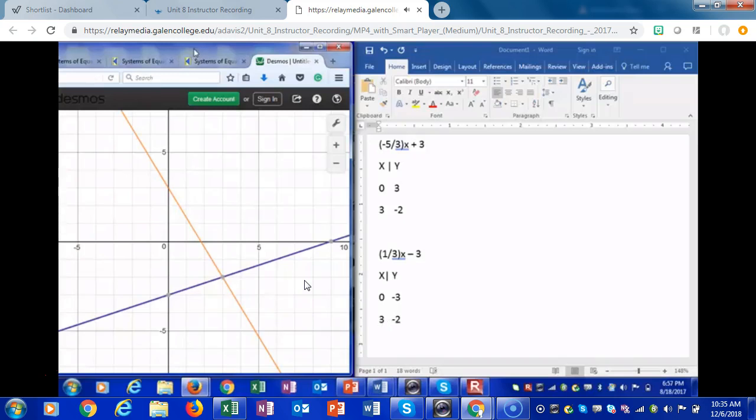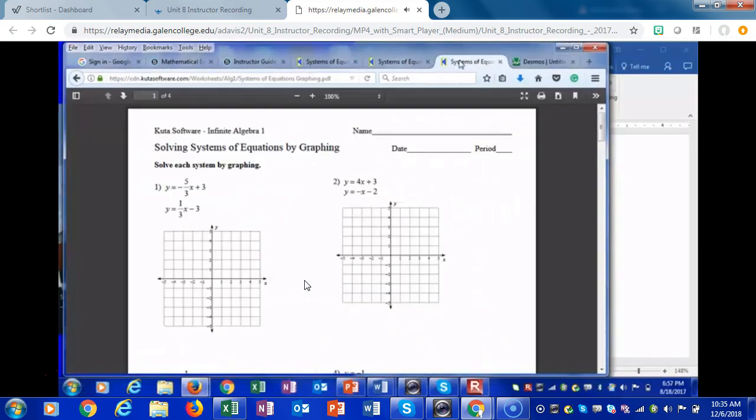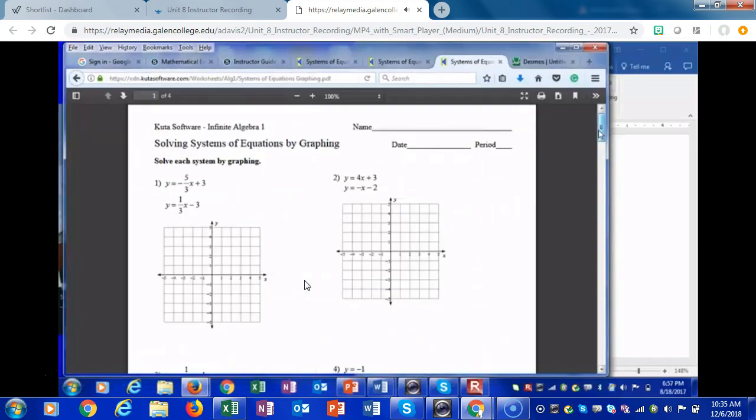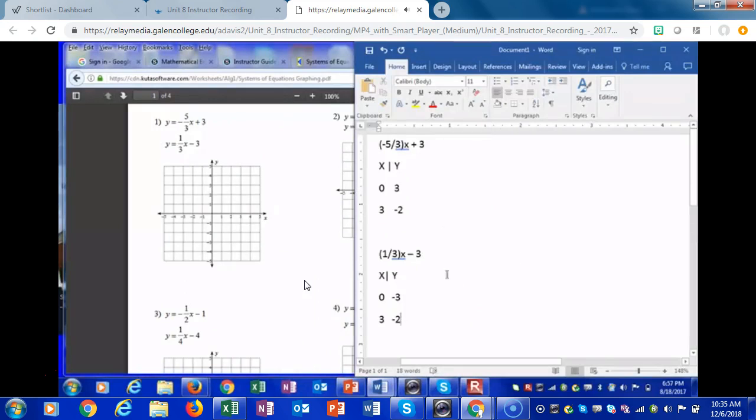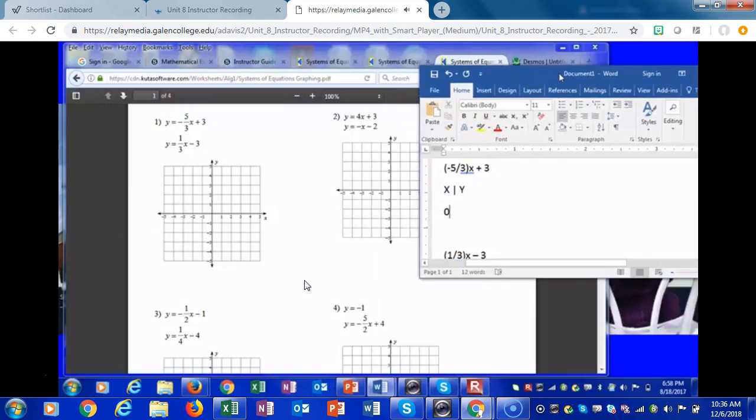All right, let's do another one. Let's do number 2. I'll leave the X and Y charts there. Of course, I want to use 0 for each and every row. But we're going to change the problem. So we have 4x plus 3.